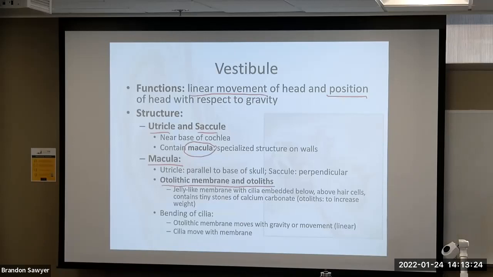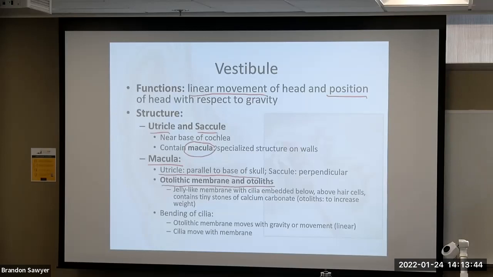The difference between the utricle and the saccule is that the utricle, when we're standing upright, is parallel to the base of our skull, but the saccule is perpendicular. We really need both of those to maintain awareness of our position and our linear movements.